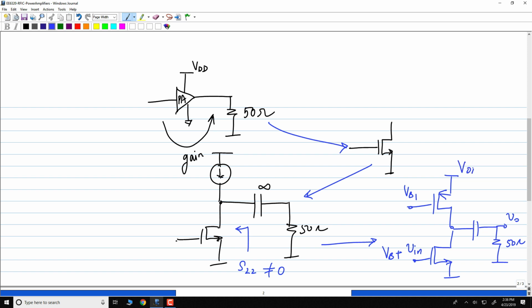This is good. Excellent. How do you add VB and VN at the input? You add a capacitor, pass the signal through that, and you add a large resistor or an inductor. So you can do this. If you do this, what is the swing limitation? What is the maximum swing possible at the output?